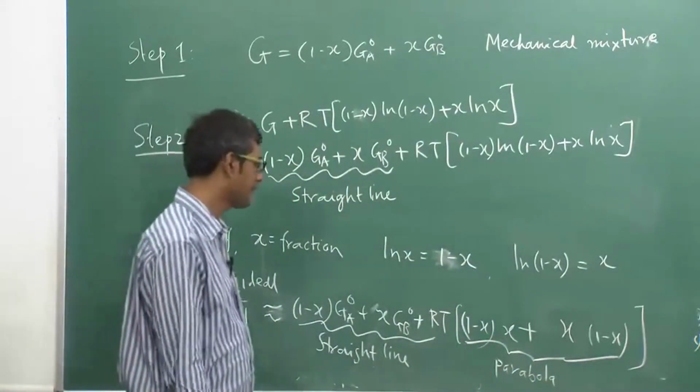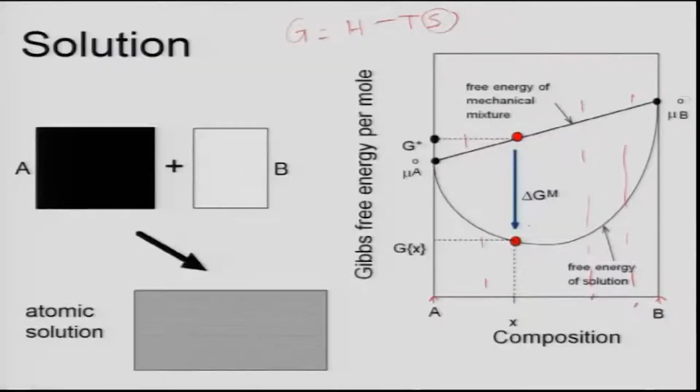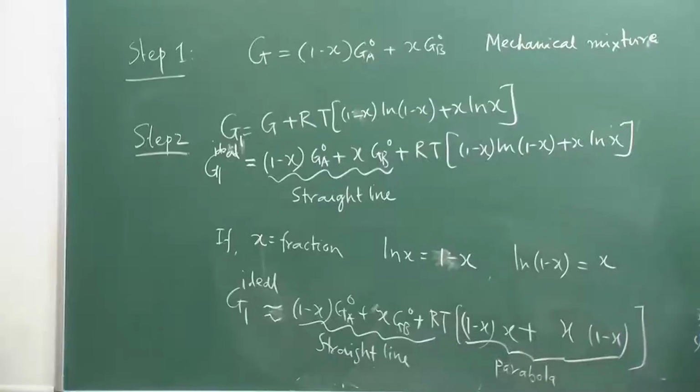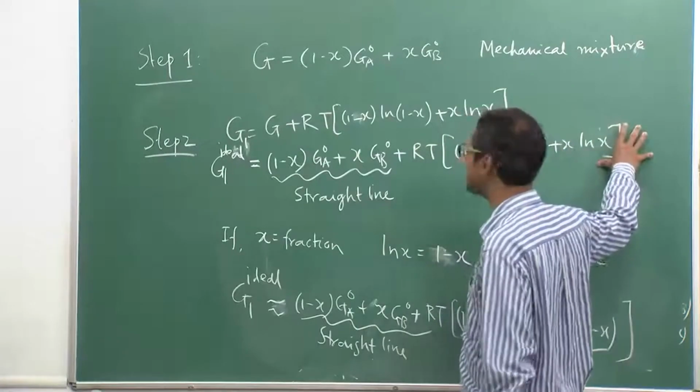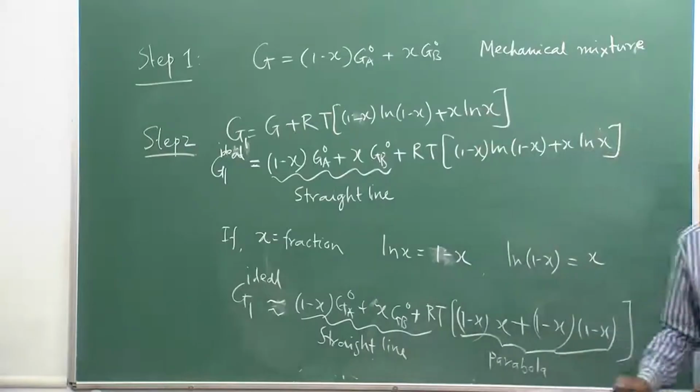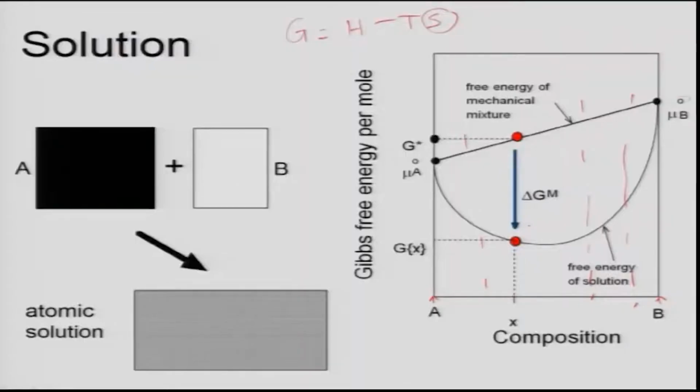That is why, whenever we plot this free energy, it becomes an inverted parabola. That is what you can see here. This is the inverted parabola, and this term is the term for the ideal solution. Delta G is because of the entropy change, shown like that, delta G m, that is the delta G of mixing.